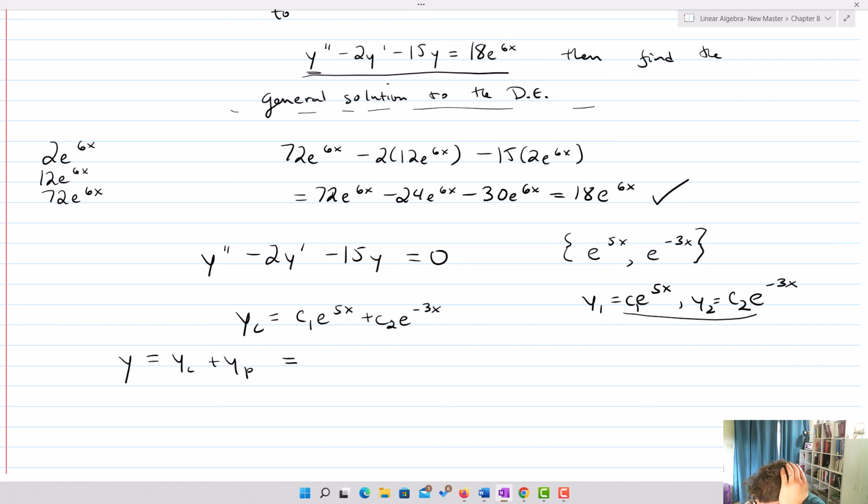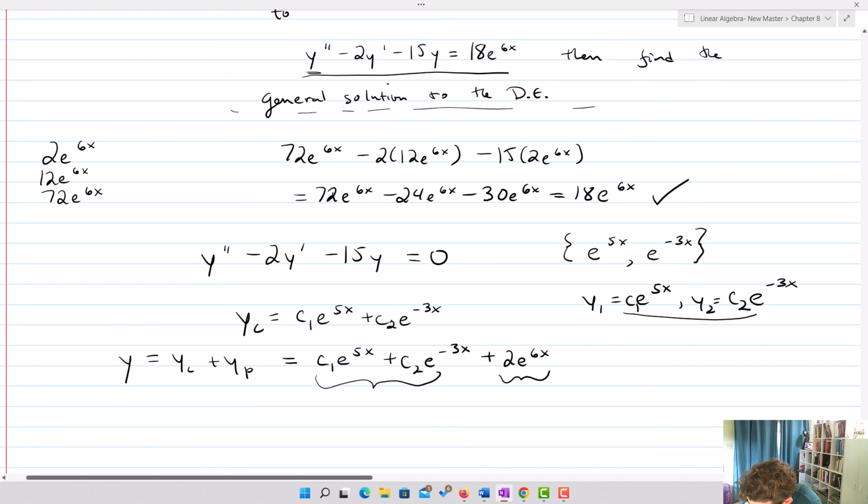So that ends up equaling c1 e^(5x) plus c2 e^(-3x) plus our solution 2e^(6x). Notice that to find our overall solution, we added yc plus yp, and that gave me the solution to the entire non-homogeneous differential equation.